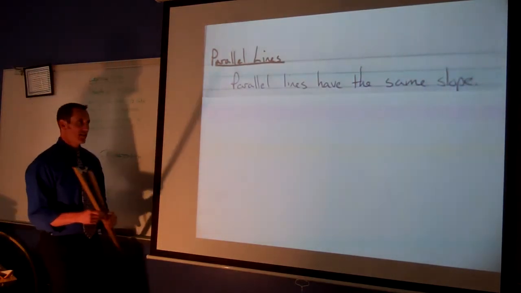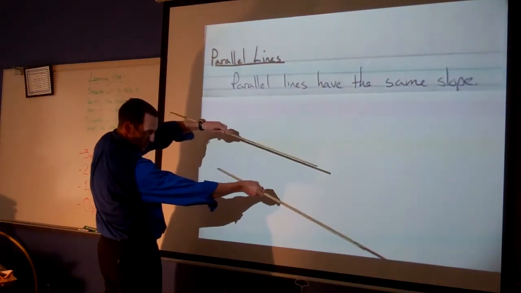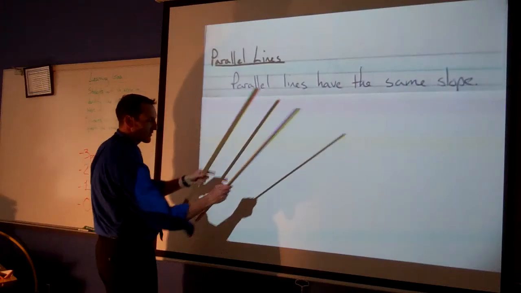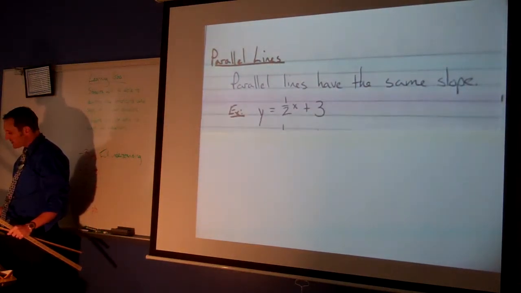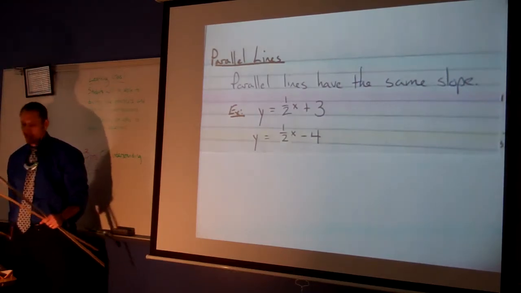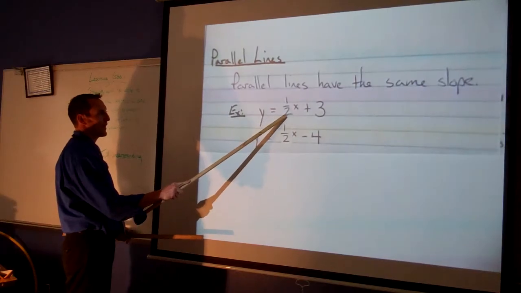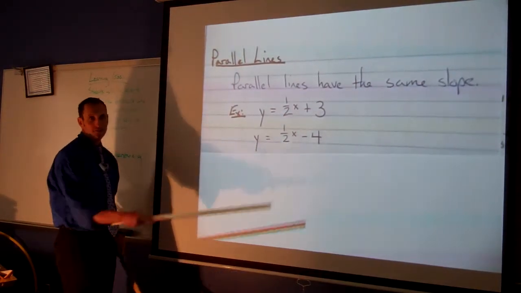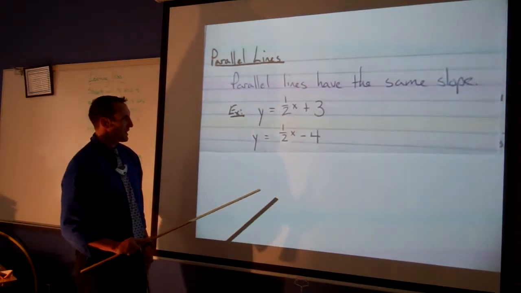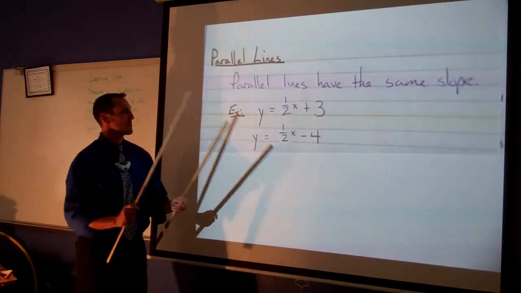Parallel lines are lines that have the same slope, the same rate of change. They will never cross. So when you're looking at equations, you're looking at two lines that have the same slope. In this example, y equals 1/2 x plus 3 and y equals 1/2 x minus 4, both of these lines have a slope of 1/2. They are parallel.